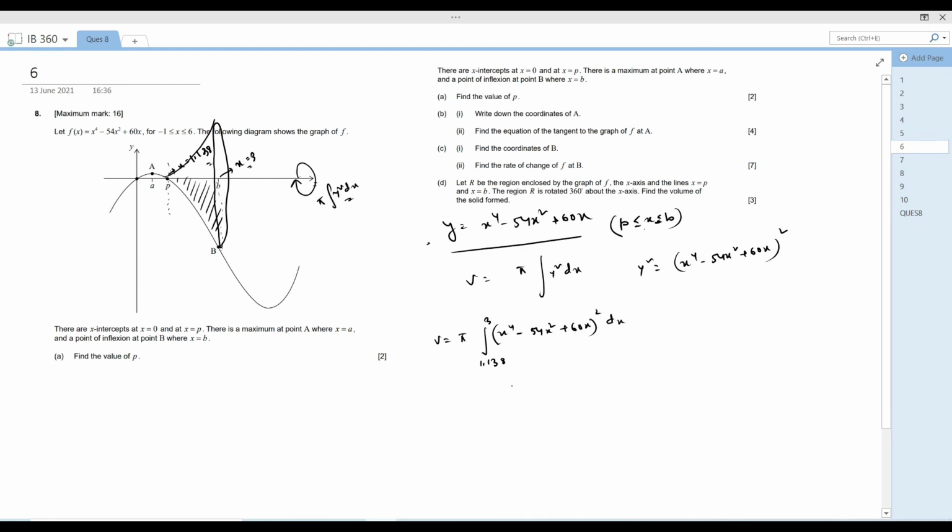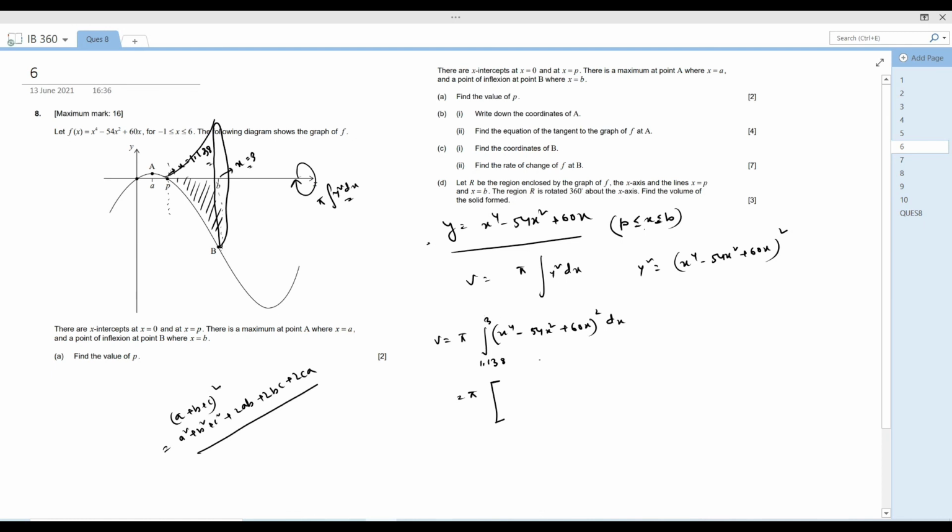Now for this integration you have to expand this using the formula for (a plus b plus c) whole square, that is a square plus b square plus c square plus 2ab plus 2bc plus 2ca. You can expand this and calculate, or else you can directly calculate this in your calculator.